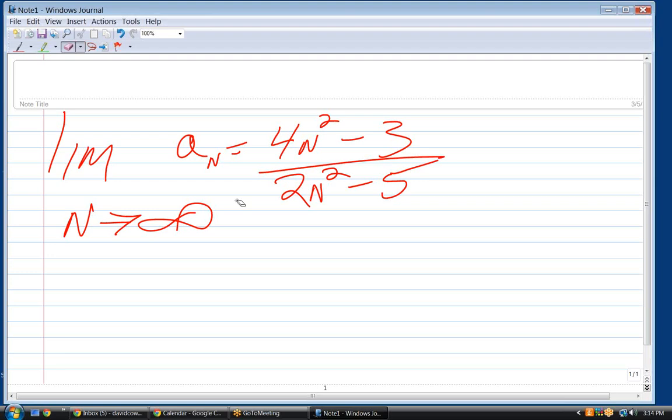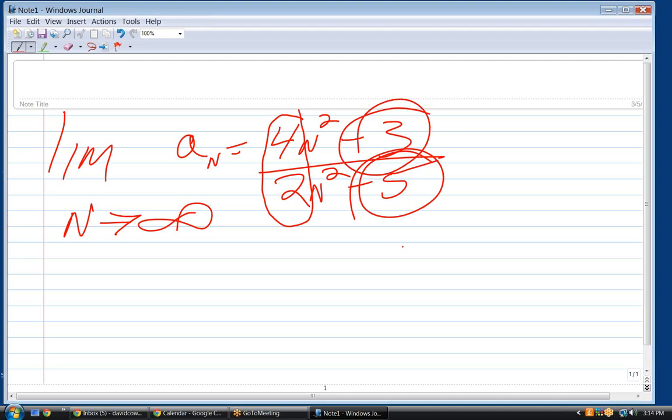If I want the limit of this function as n goes to infinity, I take the ratio: if the power of the highest degree polynomial in the numerator is equal to the power of the highest degree polynomial in the denominator, then the limit is 2. I don't care about this minus 3.